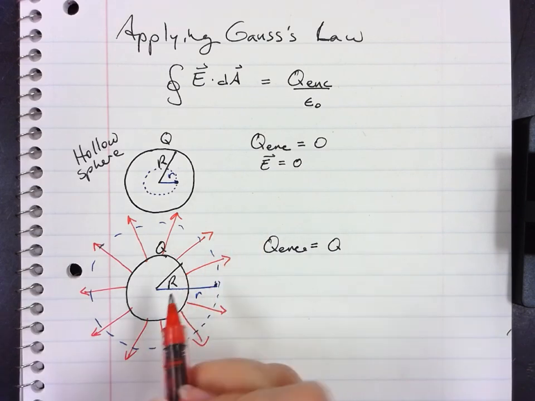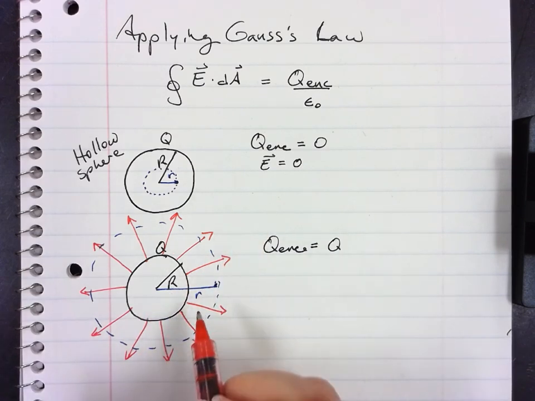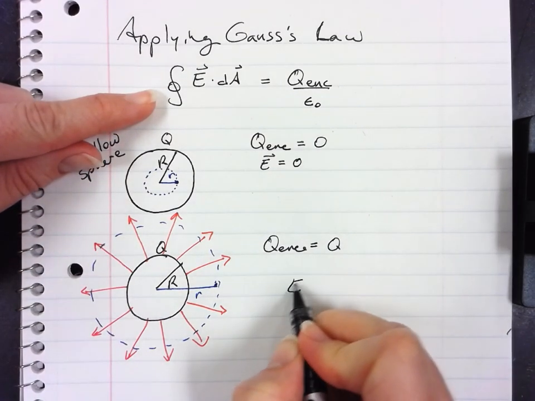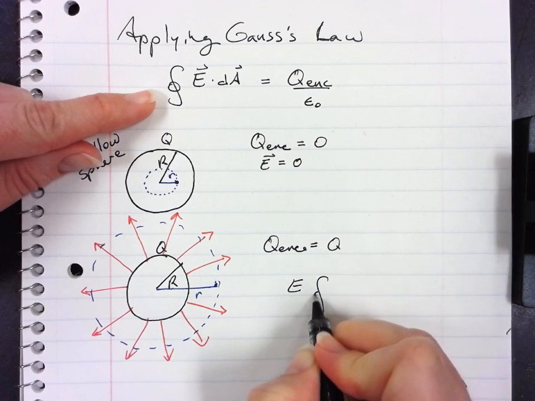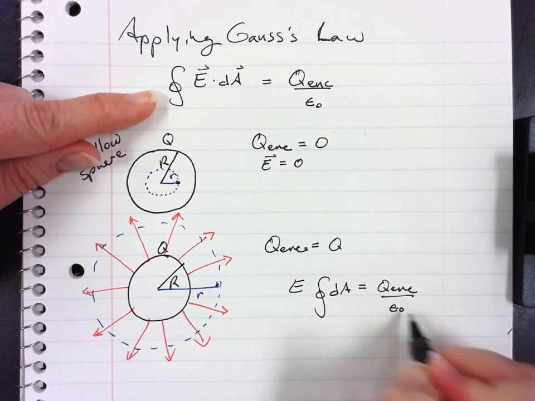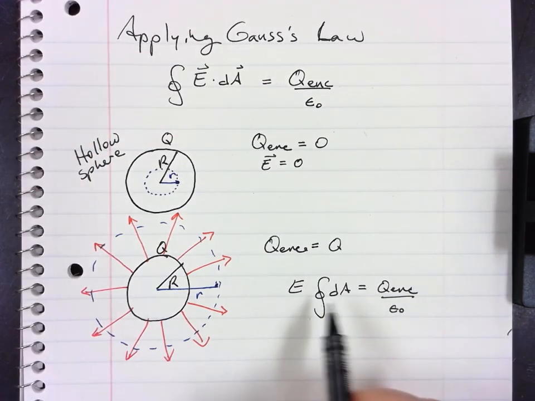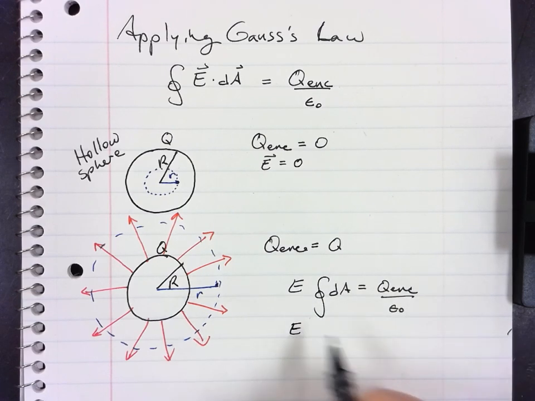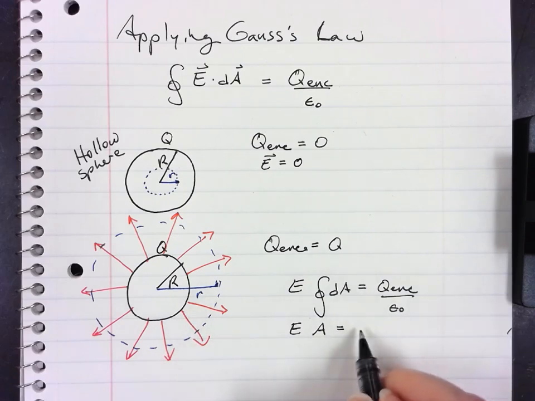And I'm at the same distance, so the electric field is constant. So I can take this equation and pull the electric field outside. The reason that's powerful is because now we have the integral of a derivative, and so this is just the electric field times the total surface area of this sphere. And we've already said Q enclosed is just Q.